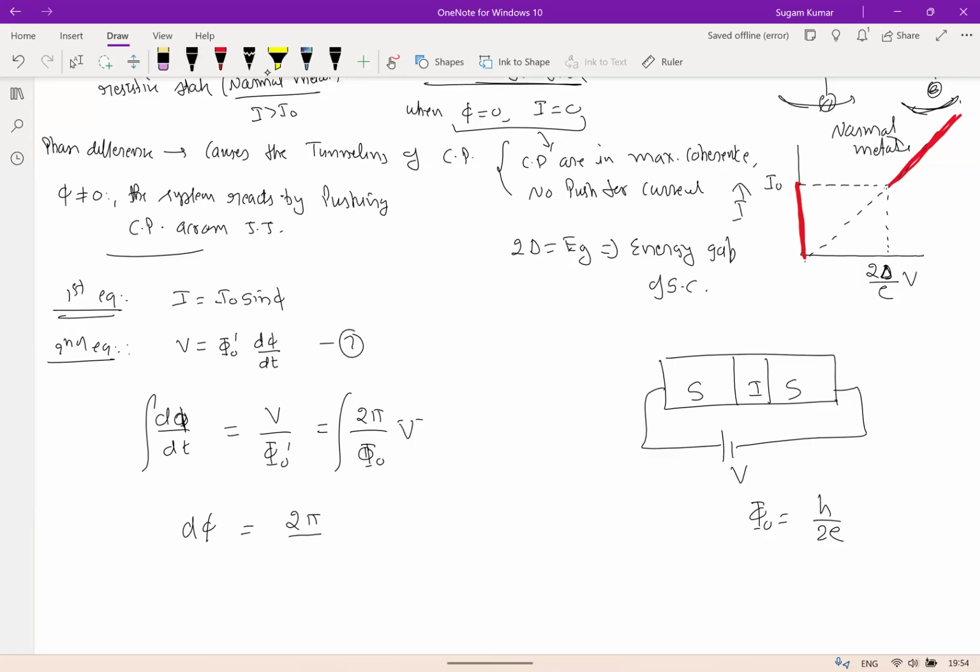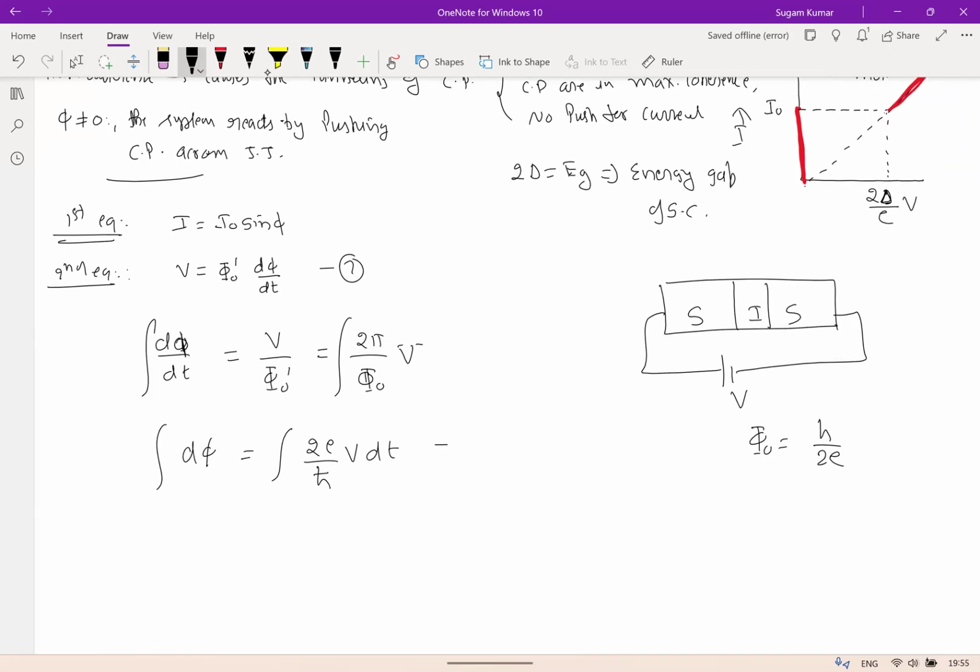So this is simply going to become 2e upon h cut into V dt. Now I can integrate, and from there you will get the phase equal to phase naught plus 2e upon h cut into Vt.